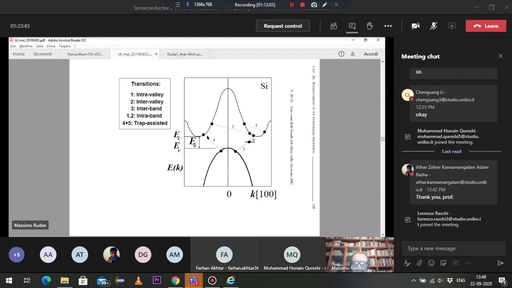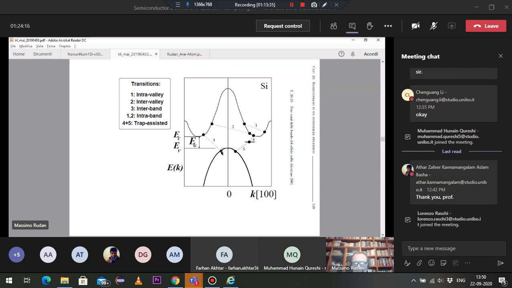So there will be one more electron in the conduction band, one more hole in the valence band. This type of transition is called generation of an electron-hole pair, because we have at the same time one more electron in the conduction band and one more hole in the valence band.